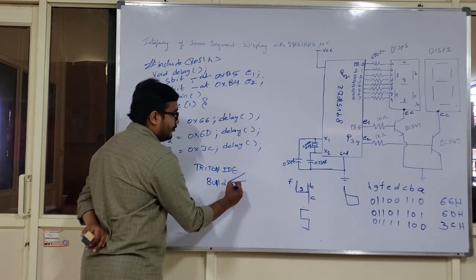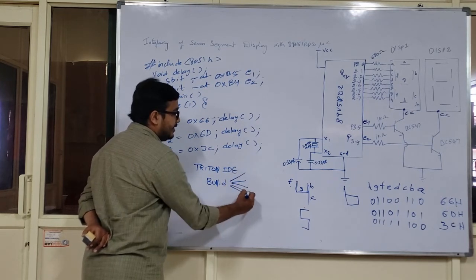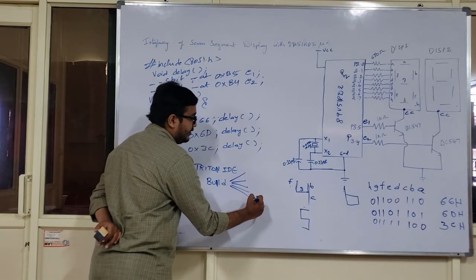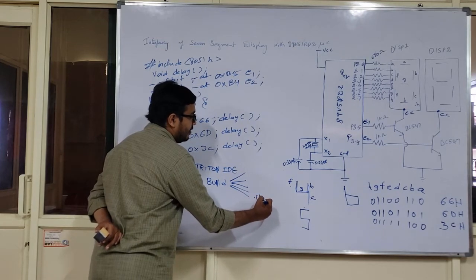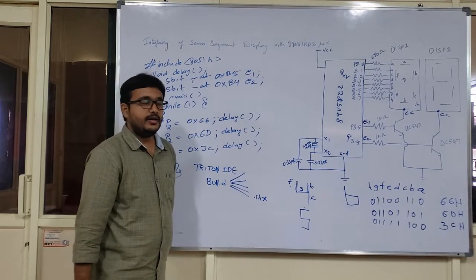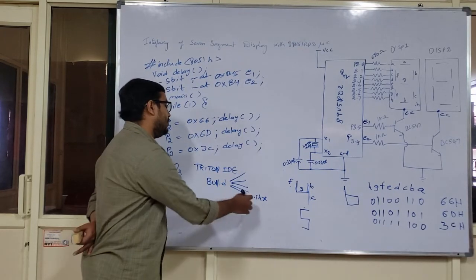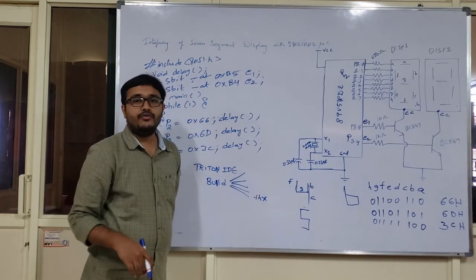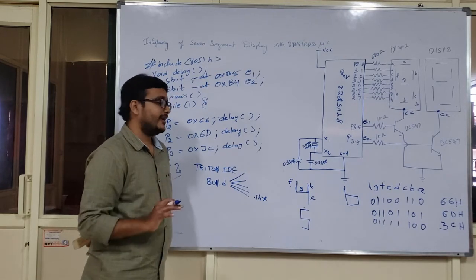After the compilation, the last stage of your build process is generation of the hex file, that is the IHX file, like in Xilinx we have the bit file. Keil will be generating the IHX file, which is a machine understandable file.